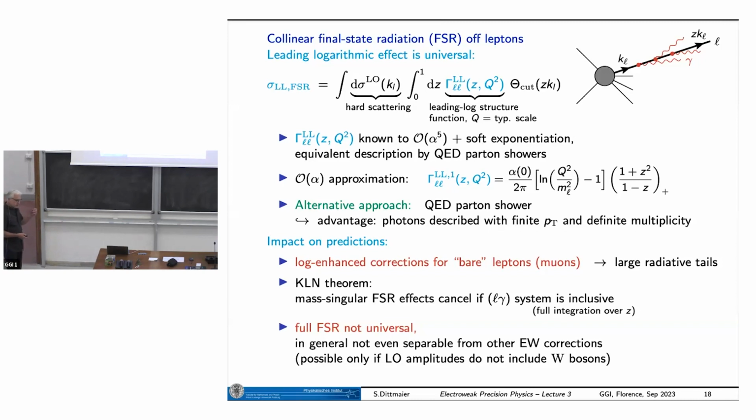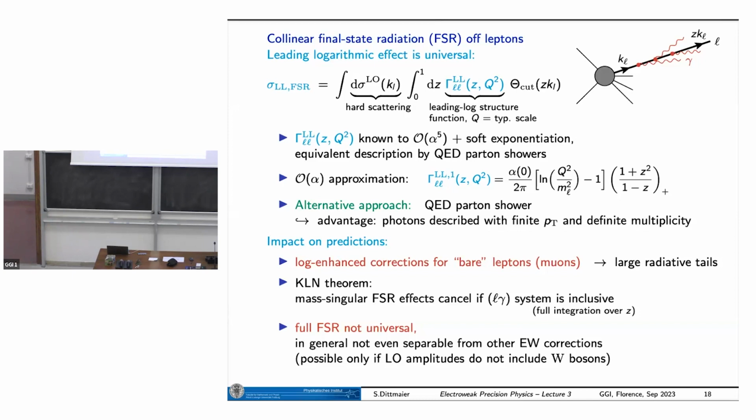To really have a reasonable description of electrons showering in the electromagnetic calorimeter, you have to do this kind of dressing. And if this happens, then of course the logarithmic piece goes away here. And what in essence really happens is in your prediction that the large log of the mass ratio here is more or less a log of your cone size. This will kind of press down the impact of these corrections.